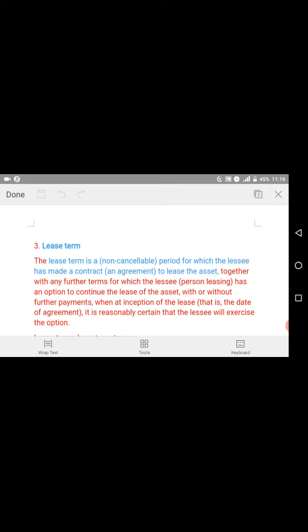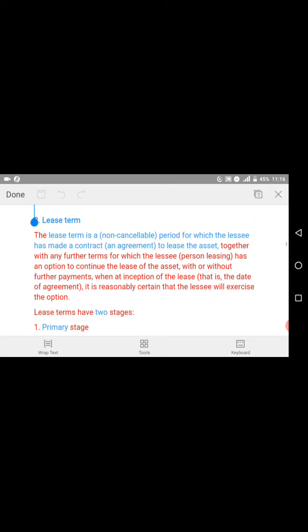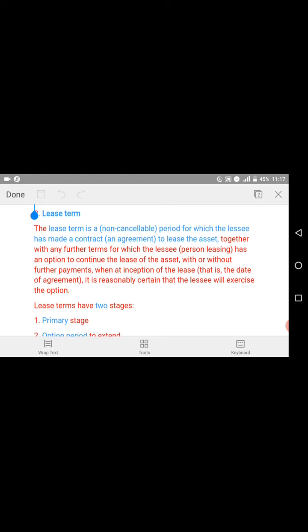It is reasonably certain that the lessee would exercise the option.